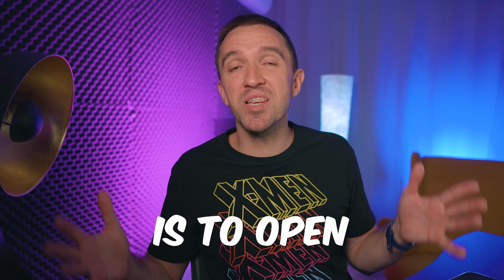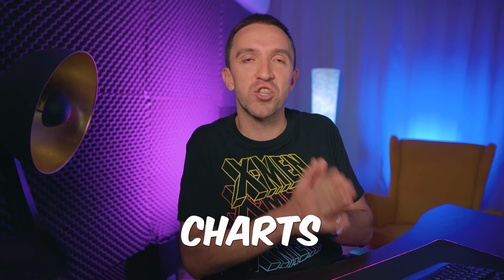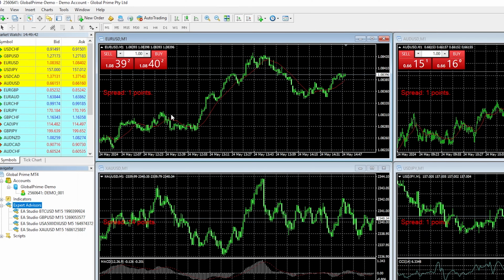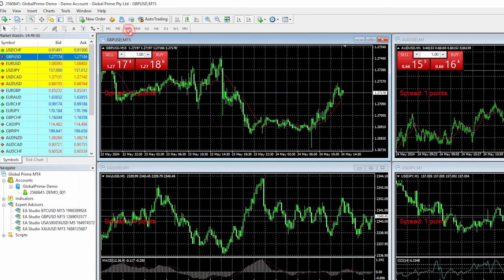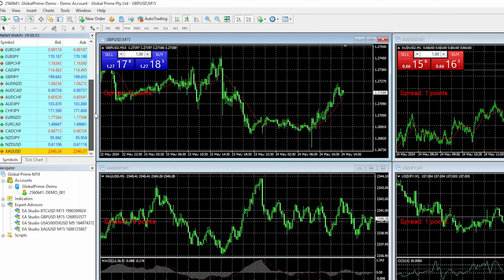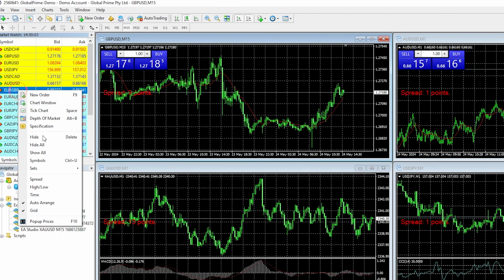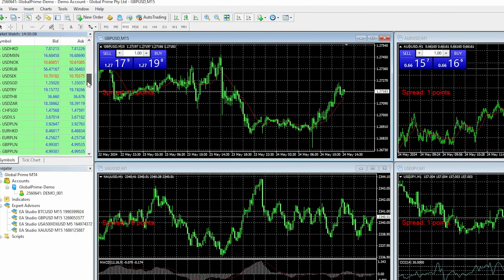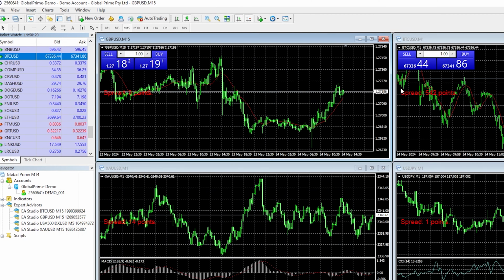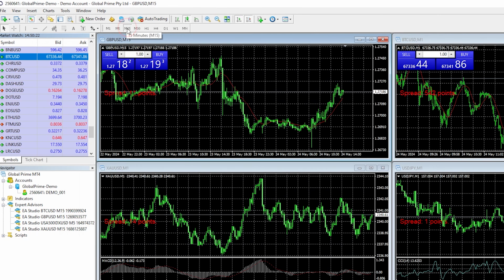Now the next step is to open the appropriate charts. So I'll go to pound dollar, I'll drag one chart for the M15 time frame, and if you don't see all symbols, all you need to do is right click and click on show all, so you will see more symbols available from the broker. I see the Bitcoin right in here, so I'll drag and drop it on the second chart and it is on M15.